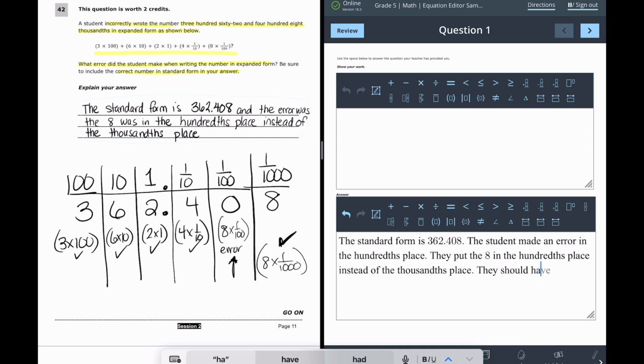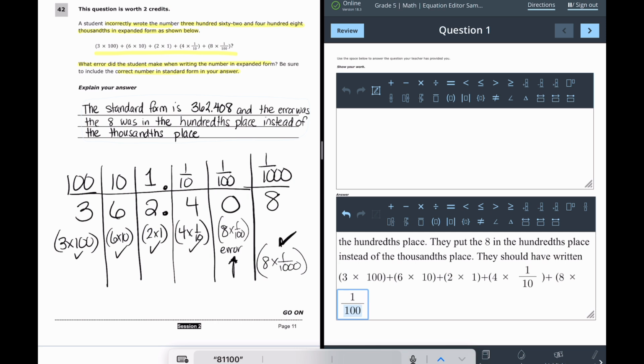And then I'll even go a little bit further. They should have written, and this is where it can get a little long, but that's all right, 3 times 100 plus 6 times 10 plus 2 times 1 plus 4 times 1/10 plus 8 times 1/1,000.